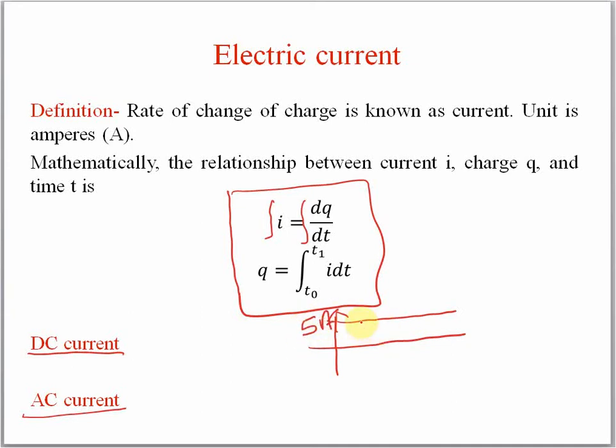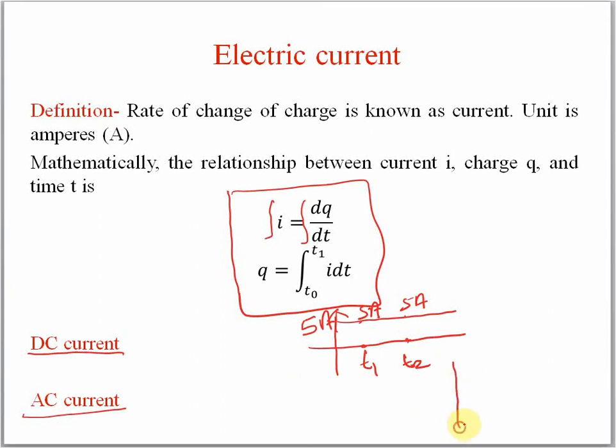If we talk about this point, let it be t1 and this t2, then here at t1 we have 5 ampere current, and at t2 we also have 5 ampere current. So our DC current is constant throughout the time. Okay, AC current. AC current has a varying nature with respect to time.